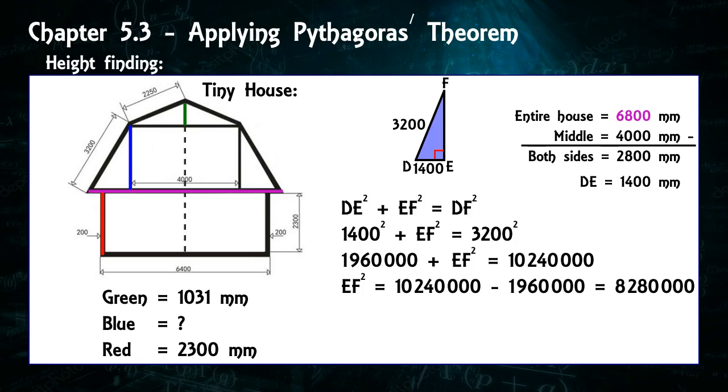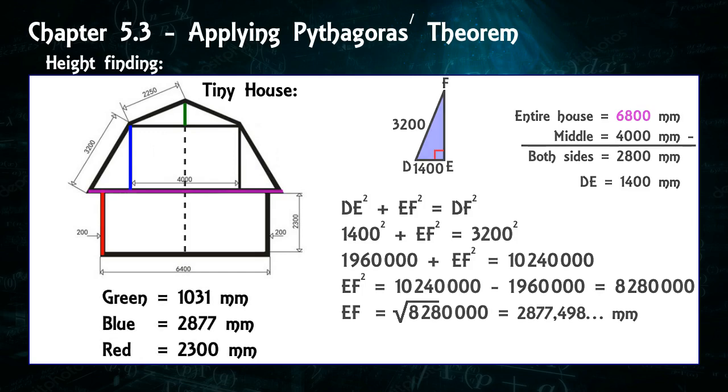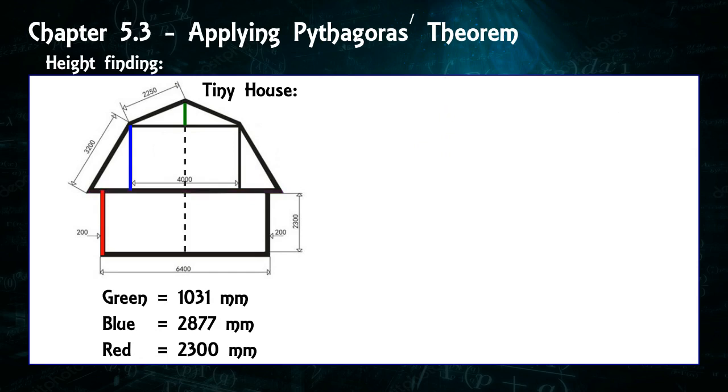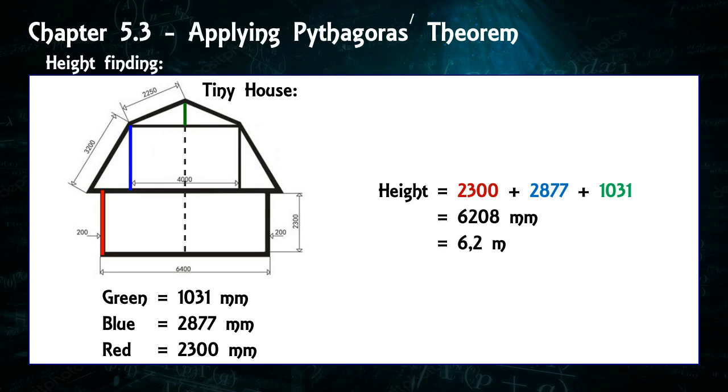And EF is then the square root of 8,250,000, which is approximately 2,877.498 millimeters. When rounded to the nearest integer, this means our house is 2,300 plus 2,877 plus 1,031, which is equal to 6,208 millimeter, which is approximately 6.2 meters.